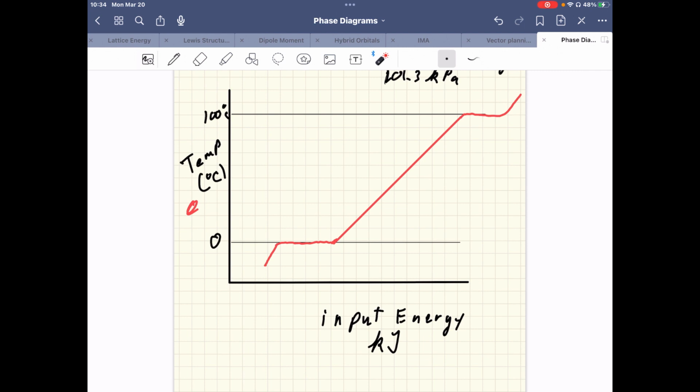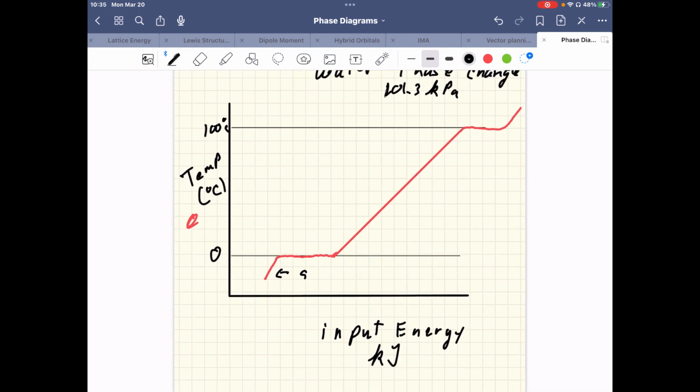gas. I'm going to label a few points on this graph so you can use them when you look at the WebAssign 10.2. So here, this is how much the temperature goes up per unit input energy. Remember, that's the specific heat capacity of ice.